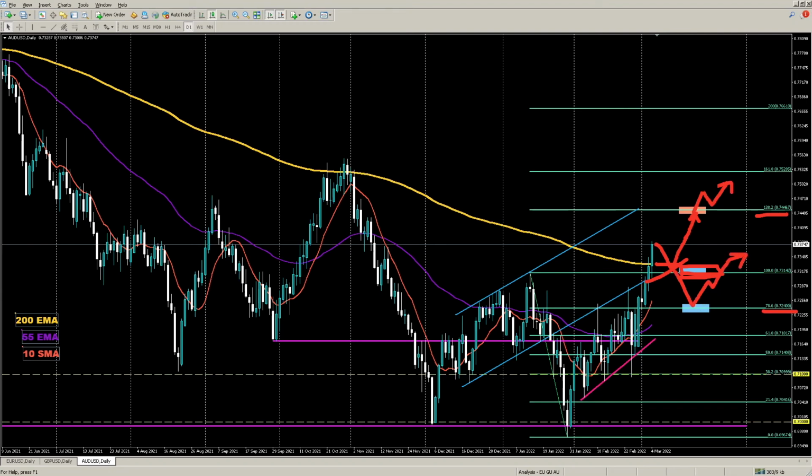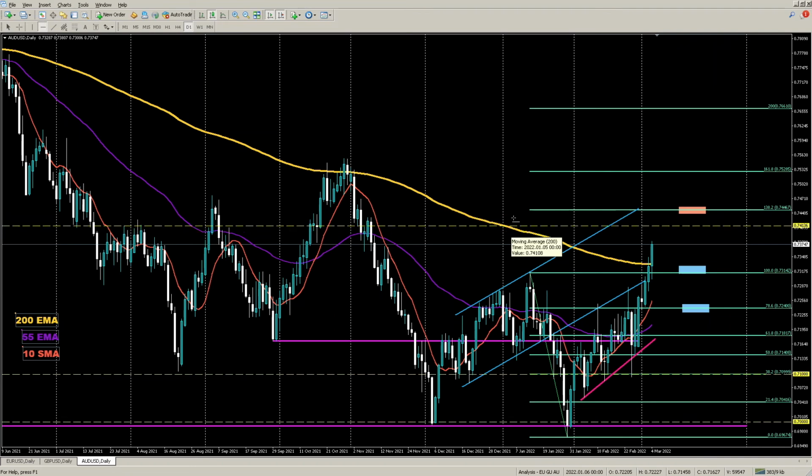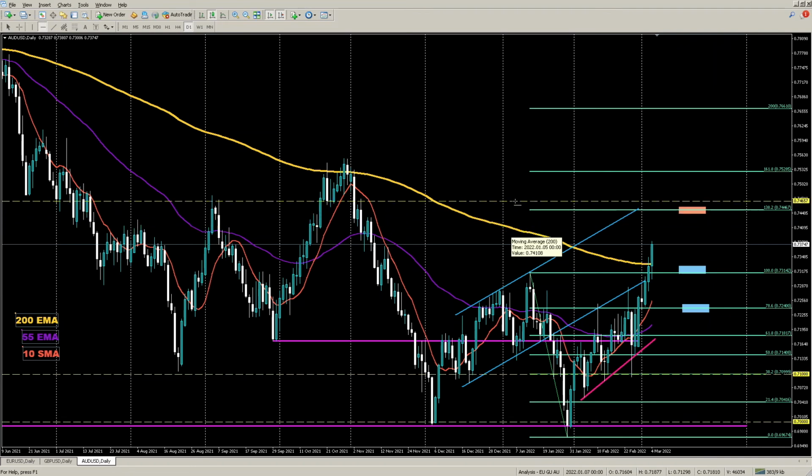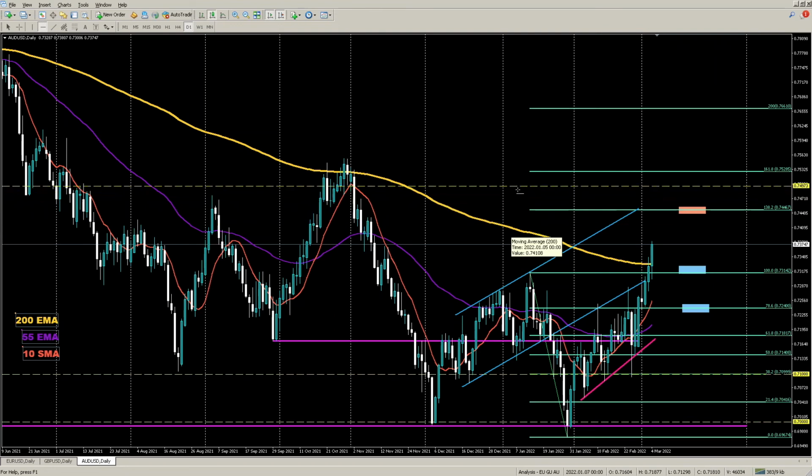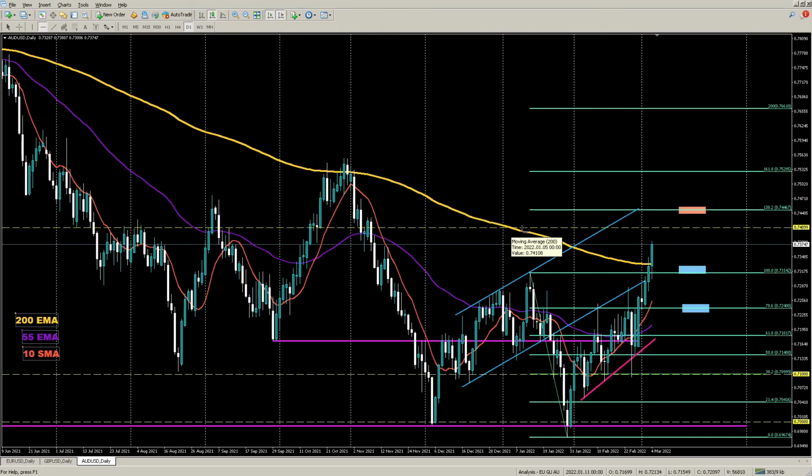Okay. Let's add the next round figure level to watch out for. Big round one is going to be at 75, but that's still significantly higher. So 74 is the next one.